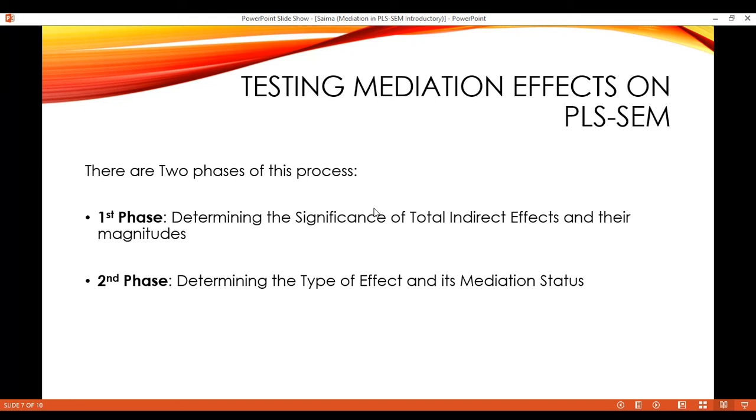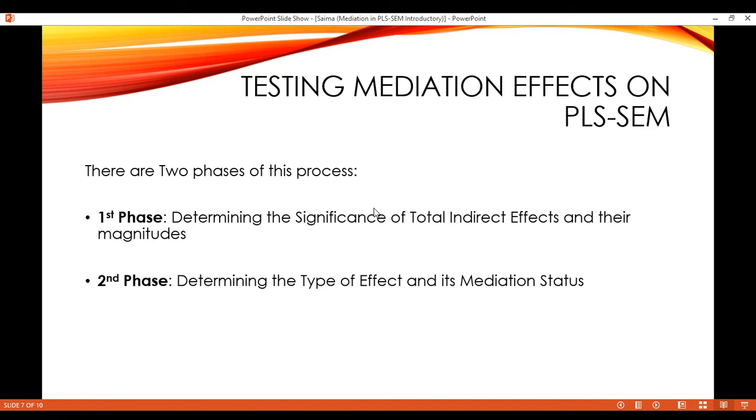This is achieved in SmartPLS by the results of the PLS-SEM algorithm and the bootstrapping procedure. Bootstrapping is a non-parametric procedure that allows testing the statistical significance of PLS-SEM results. This validates the significance of the direct effect, total indirect effect, and total effect.